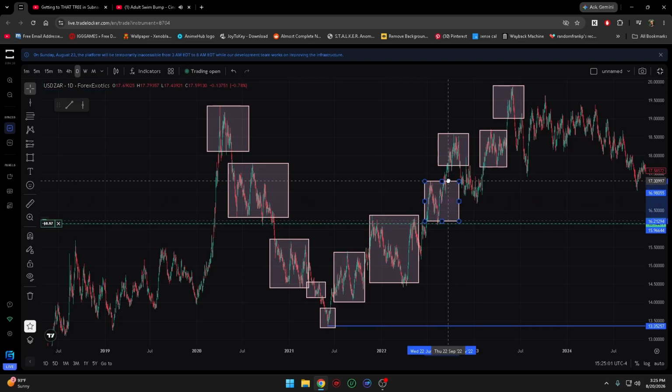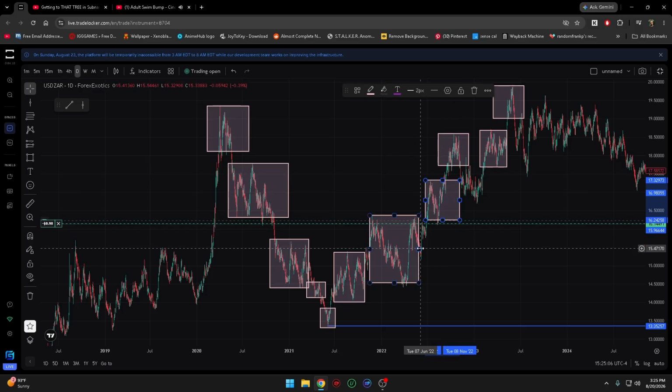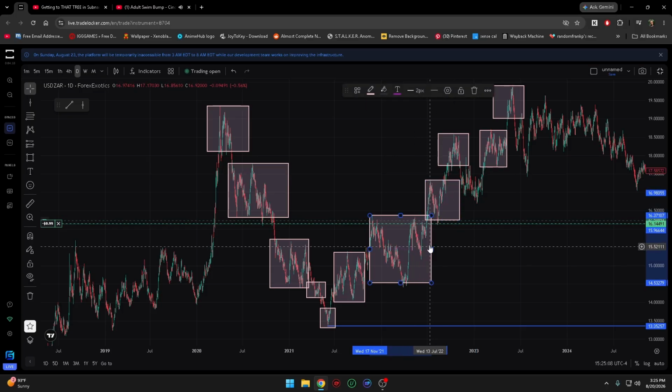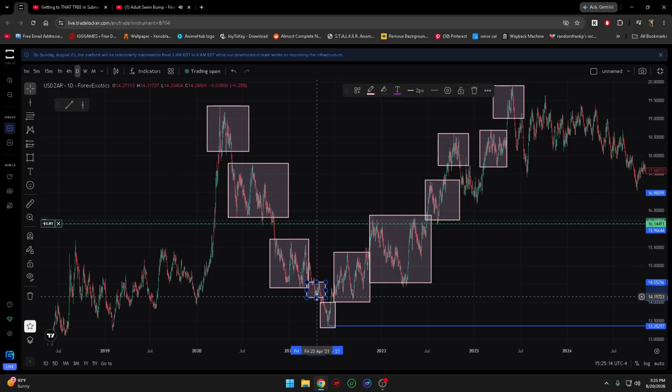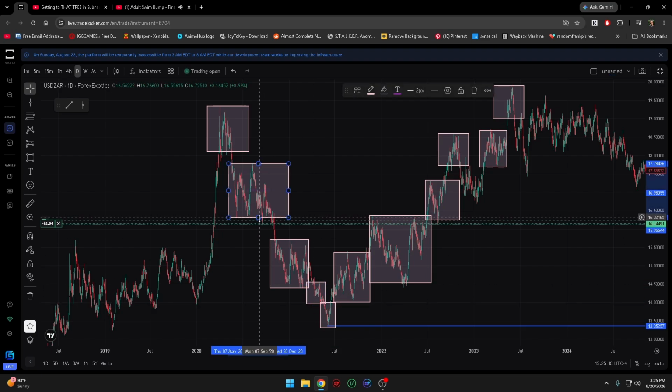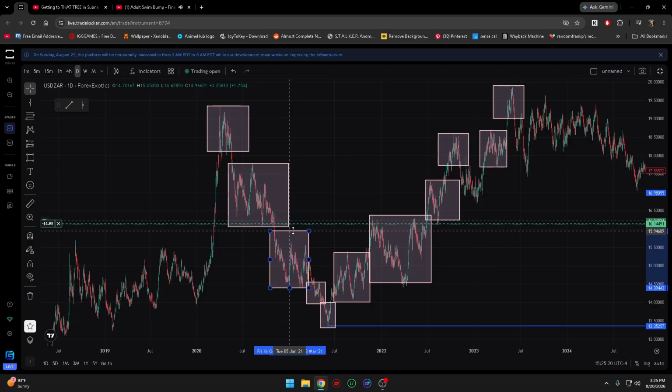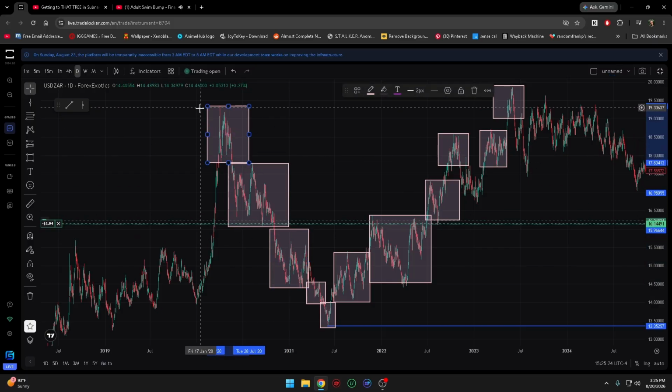So basically these boxes are stacking up upon each other. If I just connect them, you'll see exactly what I mean. Now, in each and every one of these boxes, there's one main thing happening.